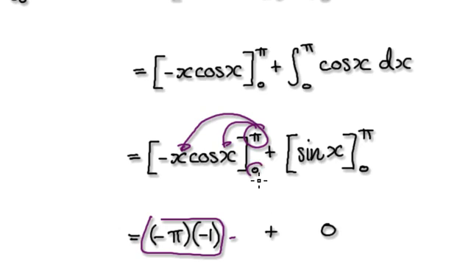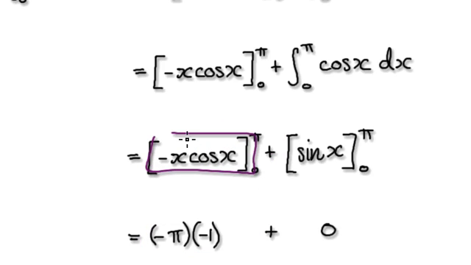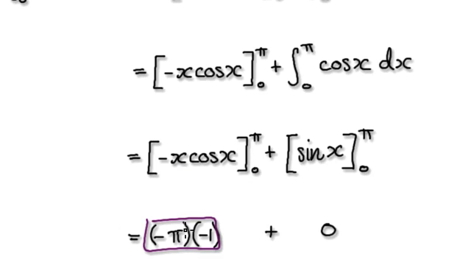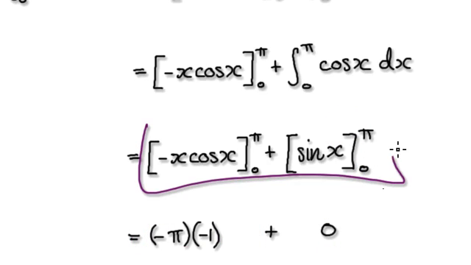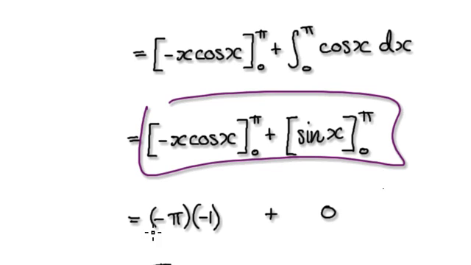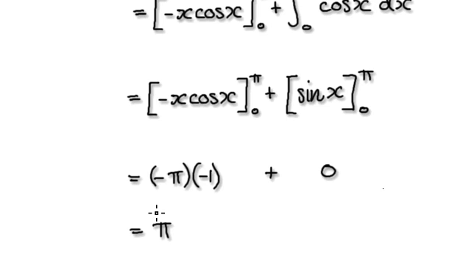If you put 0 into here and 0 into here, then you're taking away nothing. So this whole thing boils down to this, take away nothing here, and the same over here. Evaluating this will give you pi. So the area of the first hump is pi.